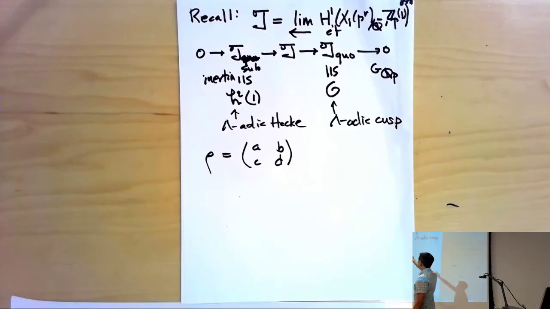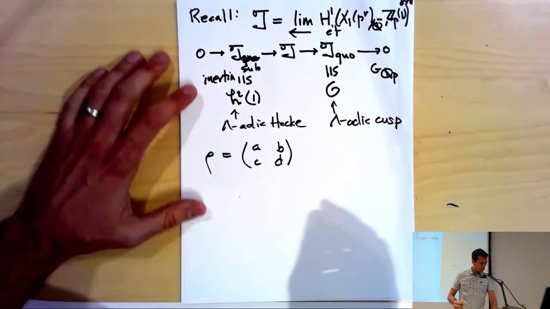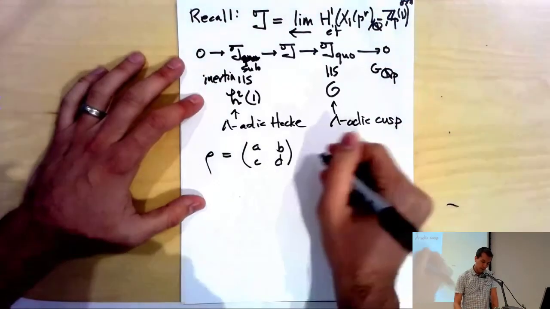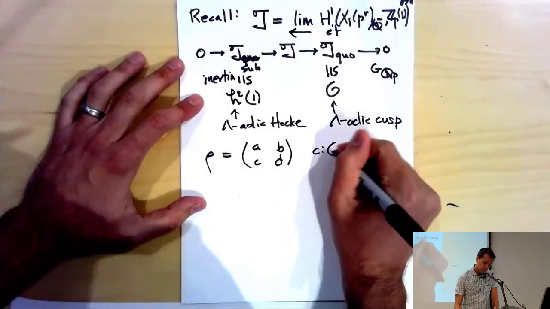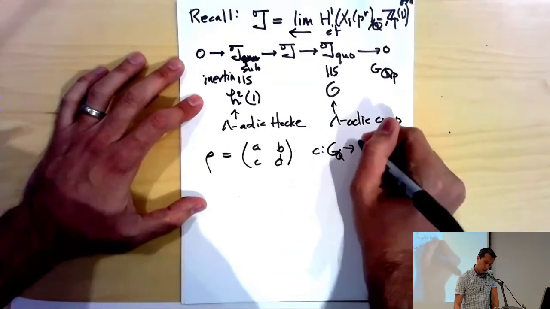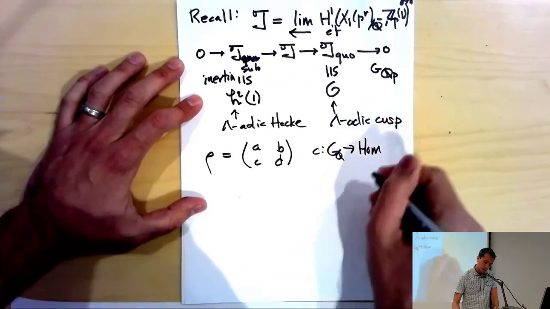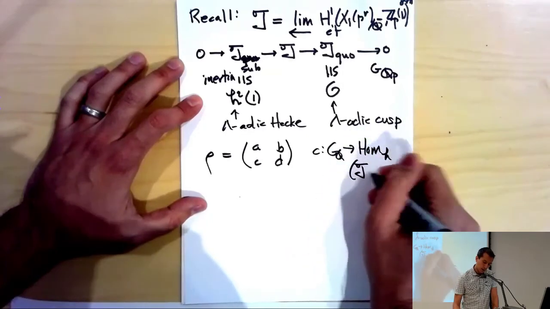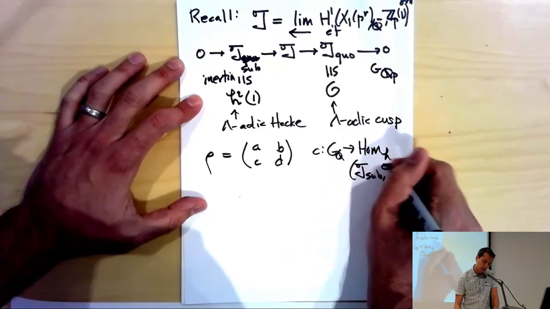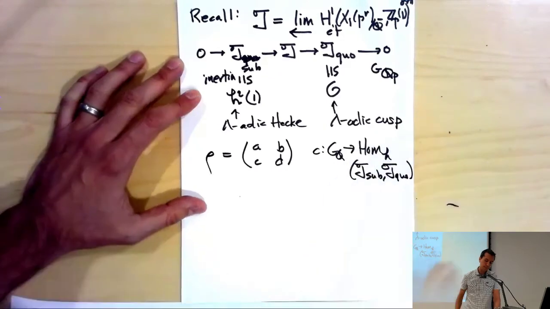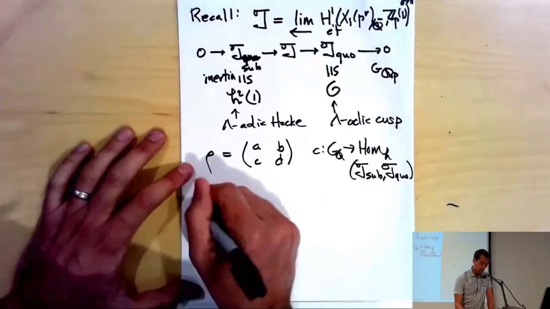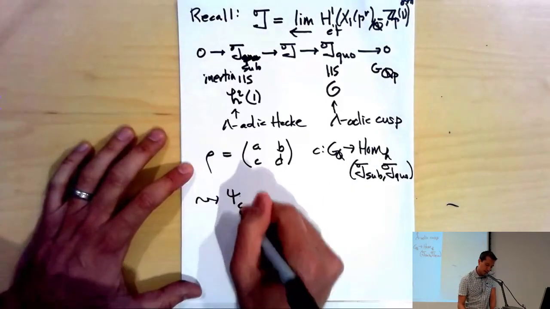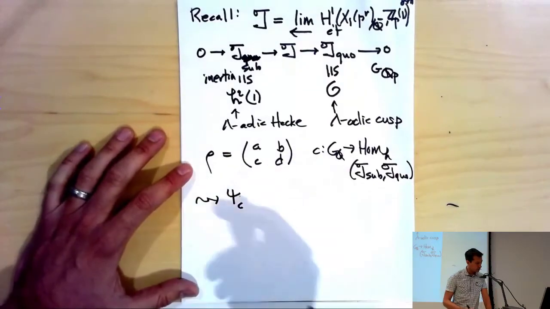And so we thought of it as an A, B, C, D, where C was a map from Galois to Hom, T sub to T quo. And from this we constructed some cocycle psi C, which was this times the inverse of the determinant.